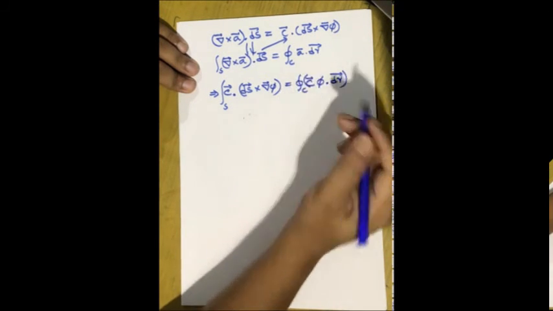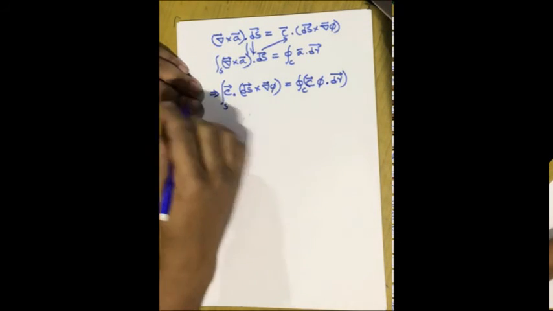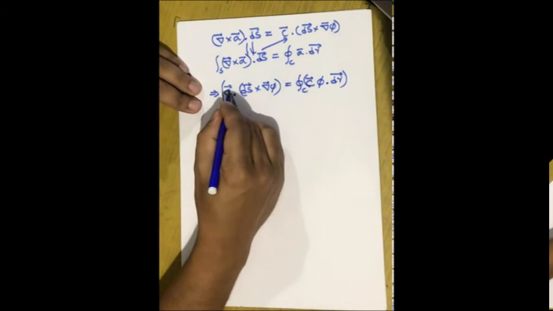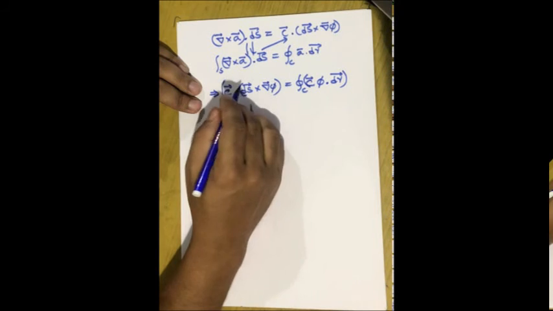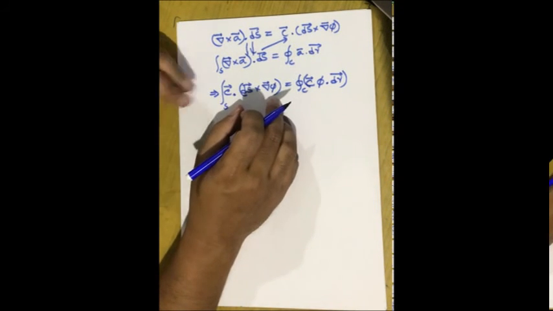Now you see C is a constant vector, therefore we can take it out of the integral sign, along with the dot product, because a dot product always involves a vector.